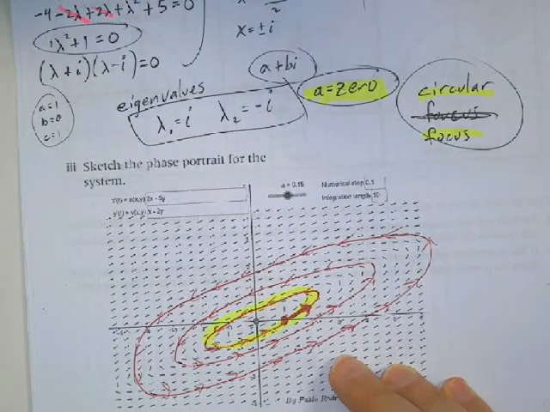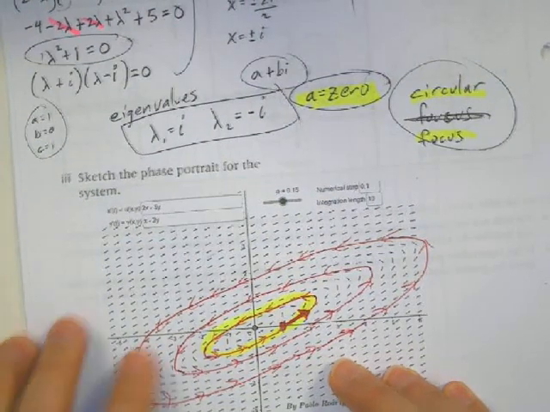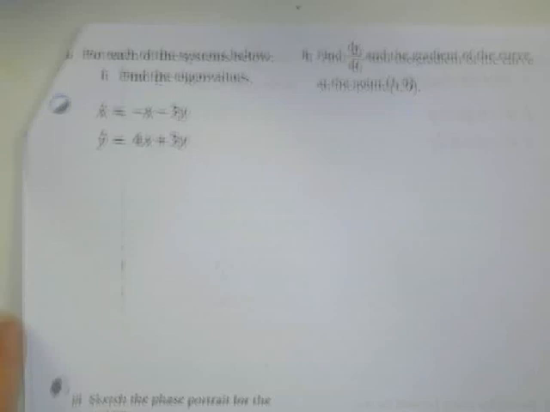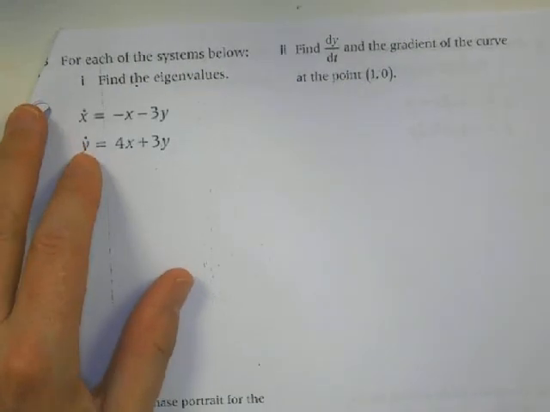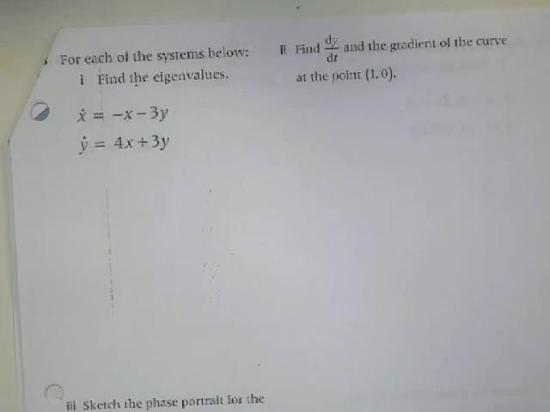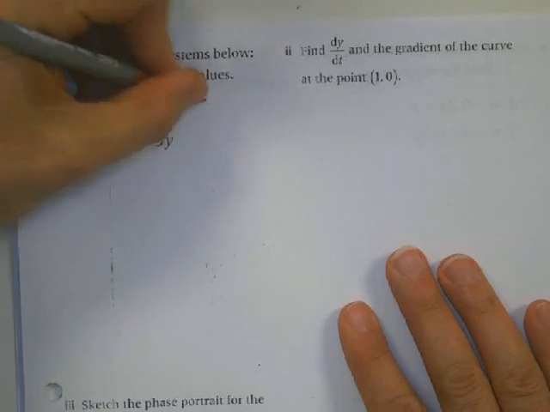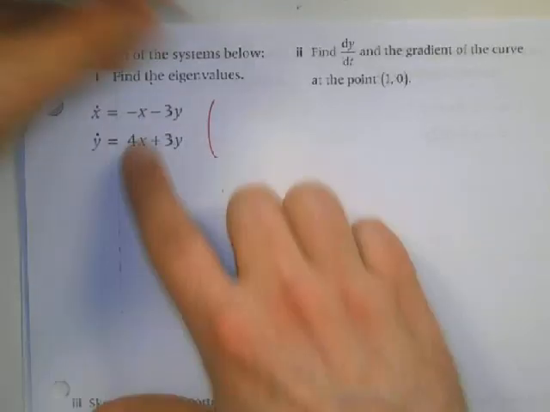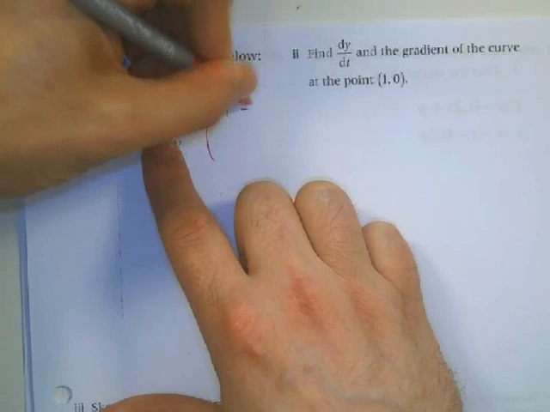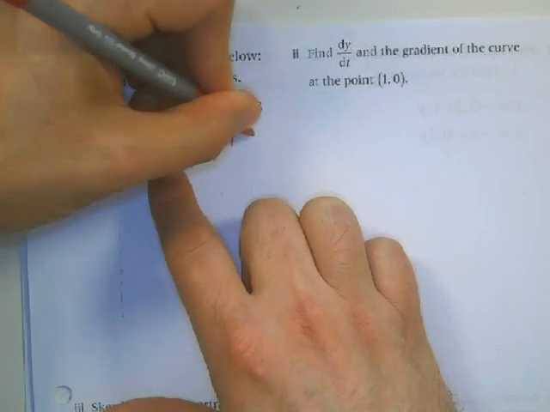Okay, let's do the next one. Hit pause, rewind if you need to see that again. Okay, I'll walk you through one more, and then I'll just show the answers for one. So, once again, we've got our coefficients of -1, -3, 4, and 3.